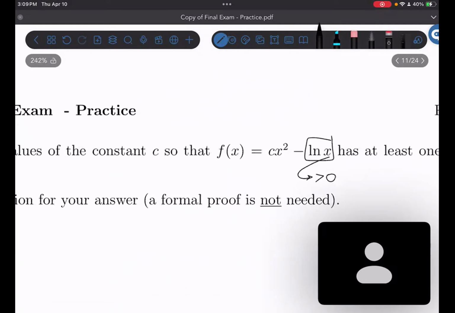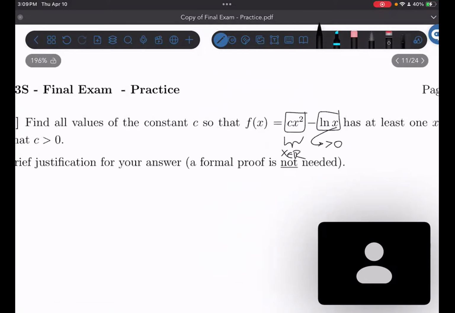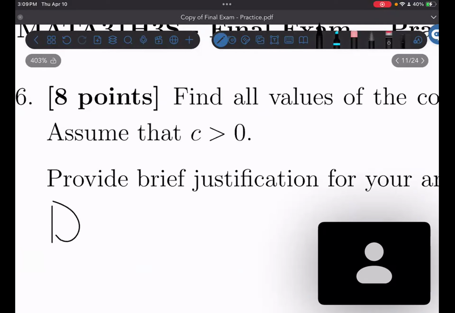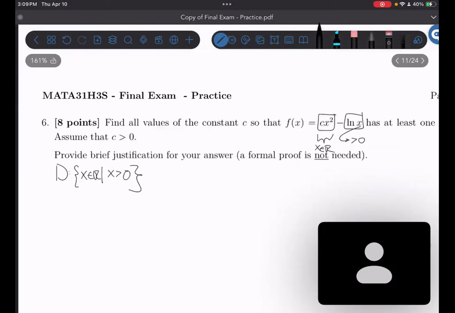We also have a quadratic term, and x could be any real number because it's a polynomial. So the domain would be just x is greater than 0.